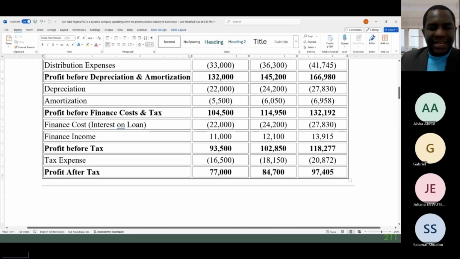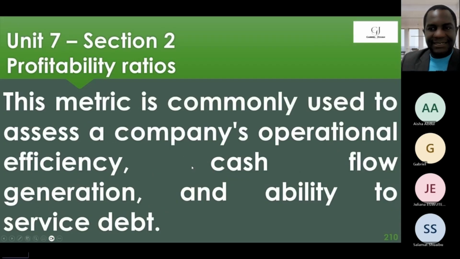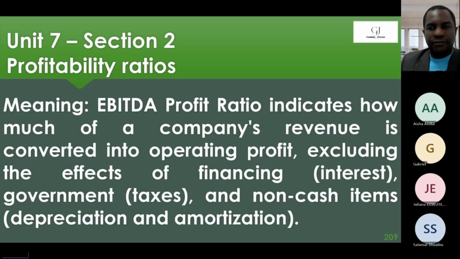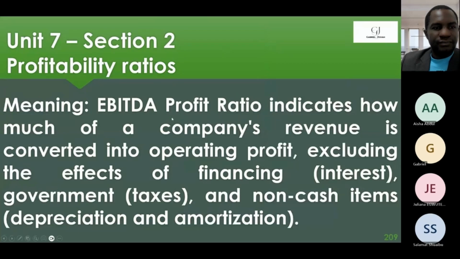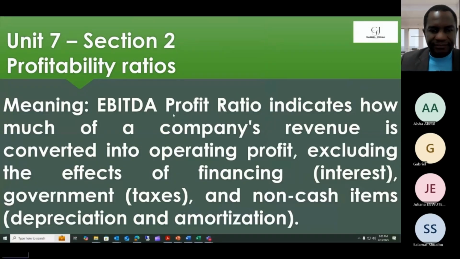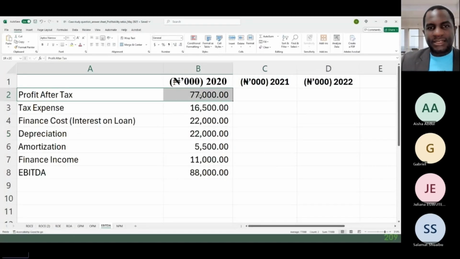So the EBITDA is trying to measure the direct operational efficiency and cash flow generation of the business, excluding any effects of financing, government, and non-cash items or non-cash movements. So that's what it's all about. So I started the calculation by saying that I'll pick profit after tax as the first item.